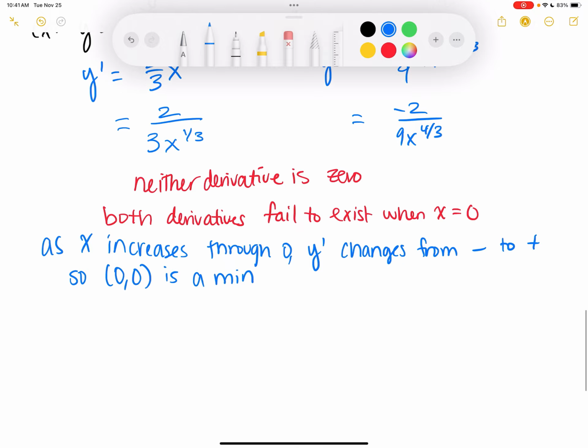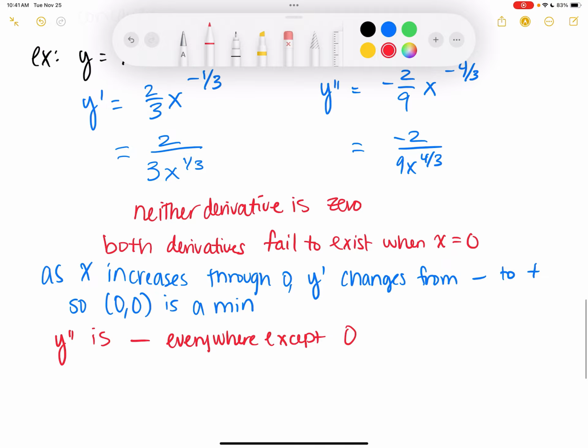And then we can also say that y double prime is negative everywhere except 0. Because no matter what I plug in, it's being raised to the 4th power. That's going to become positive, and my number on top is negative. So it's going to be negative everywhere.